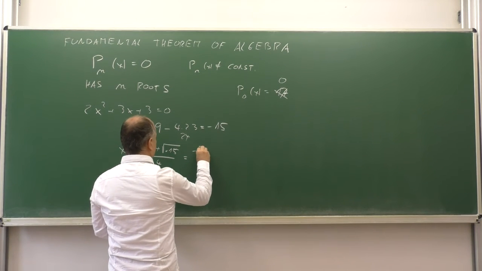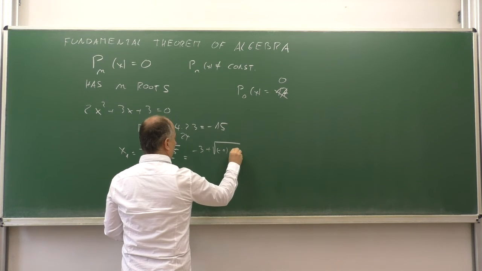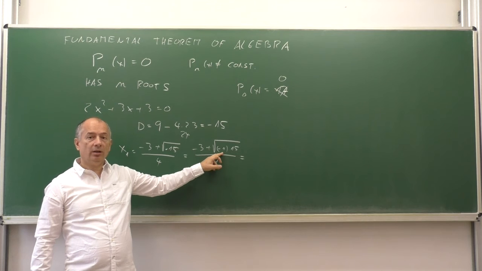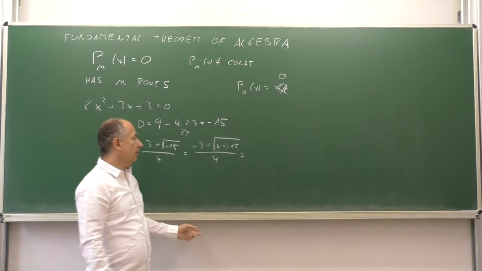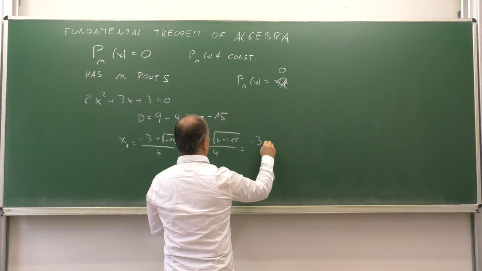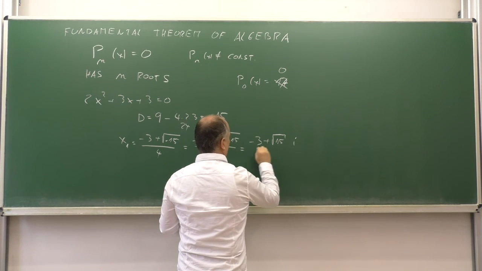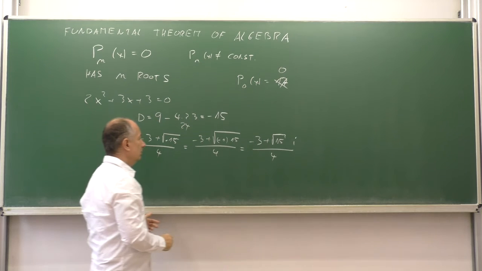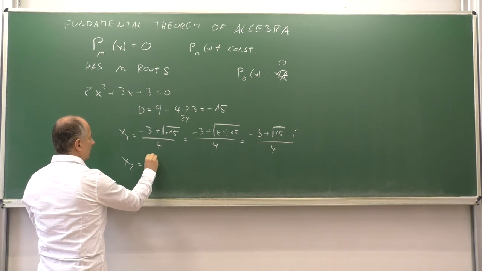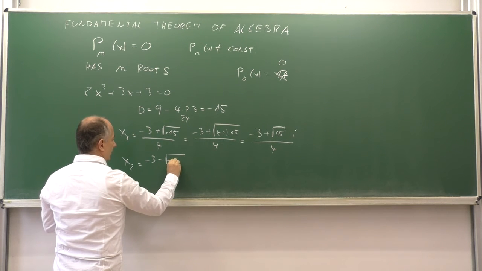And if we write it as minus 3 plus square root of minus 1 times 15, then square root of minus 1 is i, the imaginary unit, and we can write it as minus 3 plus square root of 15 i divided by 4.